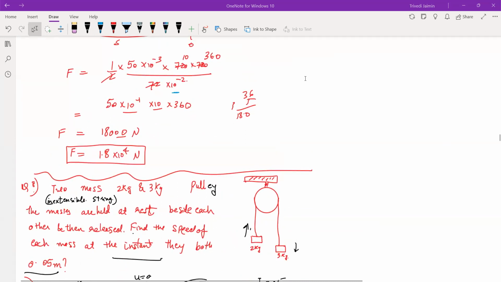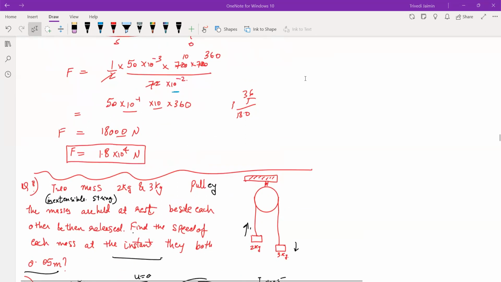Two masses, 2 kg and 3 kg, over a pulley with an inextensible string, not stretchable. The masses are held at rest beside each other and then released. Find the speed of each mass at the instant they are both at 0.05 meters.